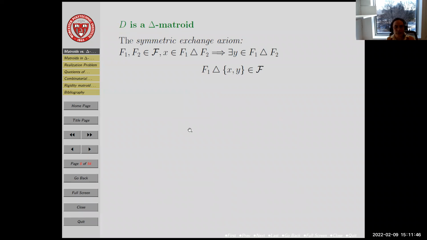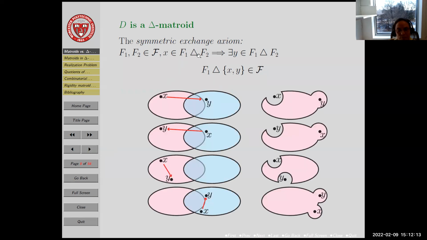But now that we know what a matroid is, we want to talk about a delta-matroid. That's something that was invented by Bouchet about 30 years ago. And he asked, what happens to a matroid when you replace the exchange axiom, which contains the set-theoretic difference, by the symmetric difference?